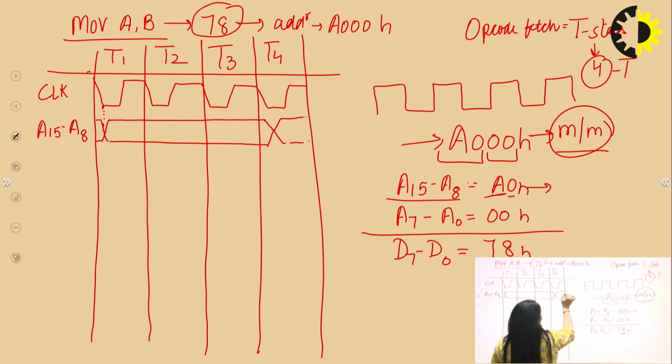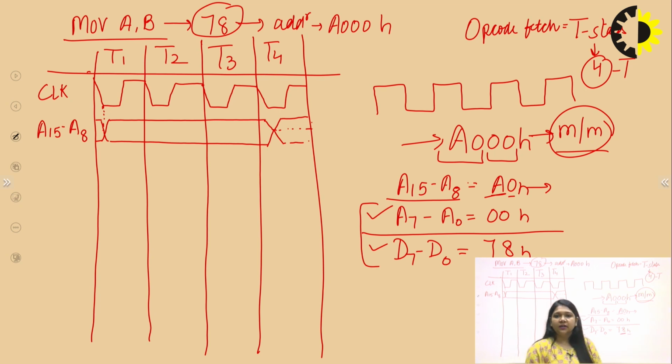So we can draw it like this also. You can completely cover this with the address line, it is also okay, and you can just put it like this, this is also okay. Both are correct. After the address, now what do I need? I need the lower order address, but there is a condition, as address and data lines are time shared.